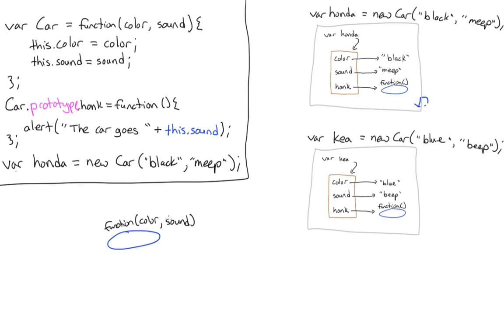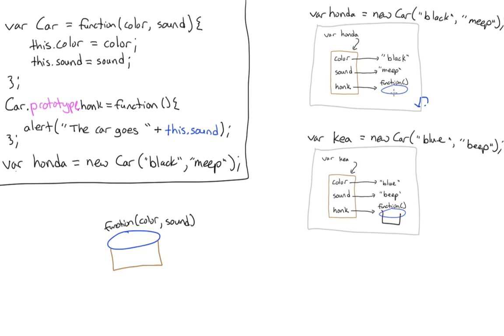Now, every function in JavaScript is also an object. To represent this, we draw a half box right below the function, attached to the function. So this function is also an object. All of these functions are also objects.